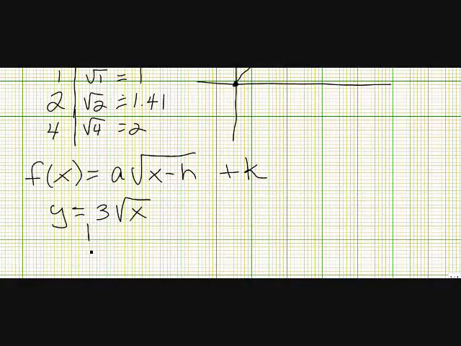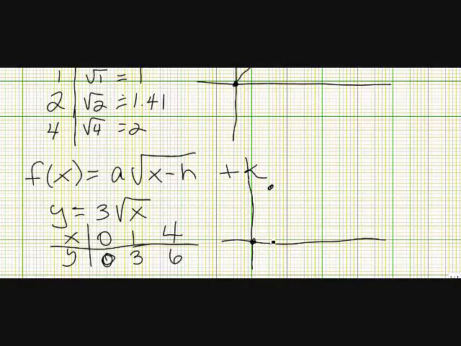Make my little xy chart: 0, 1, and 4. 3 times the square root of 0 is 0. 3 times the square root of 1 is 3. 3 times the square root of 4 is 6. So my graph goes through 0, 0, then 1, 3, then 4, 6.